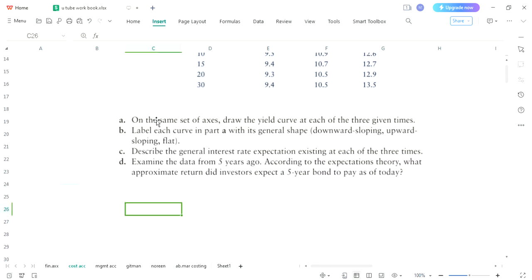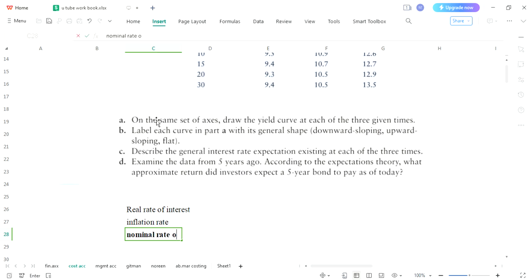Initially, we understood what the real rate of interest is. We have seen what the inflation rate is, and we have seen what the nominal rate of interest is.